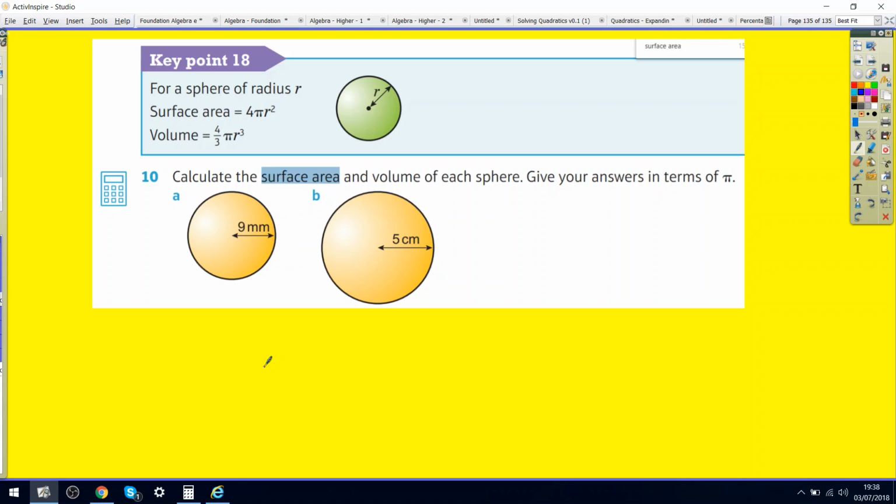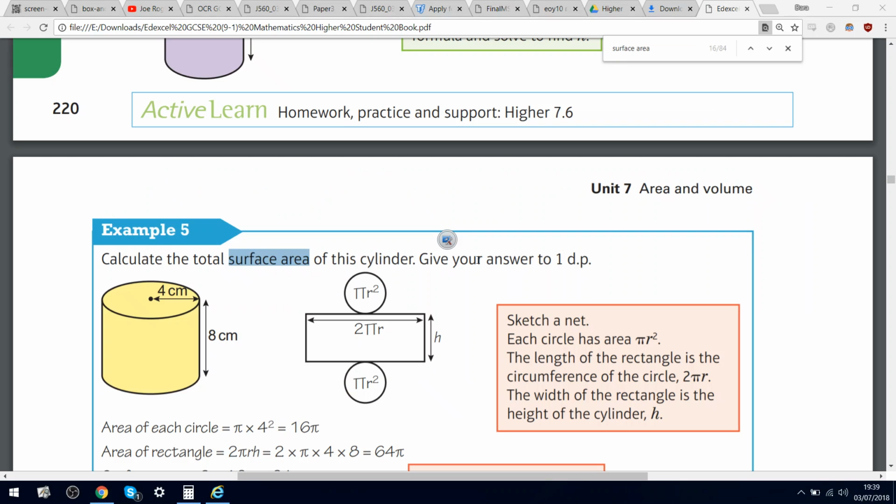Okay. So how do you get the surface area of a cylinder?